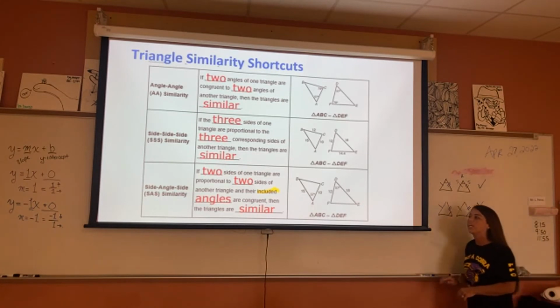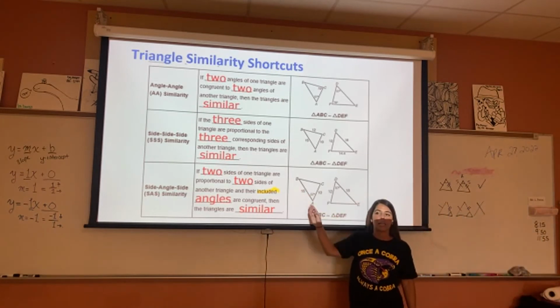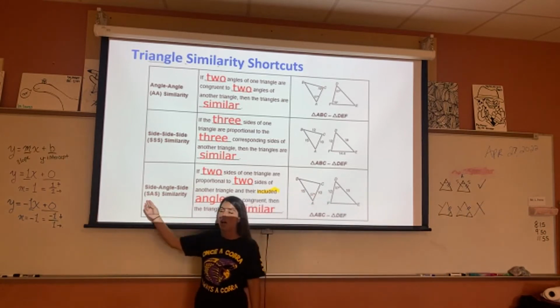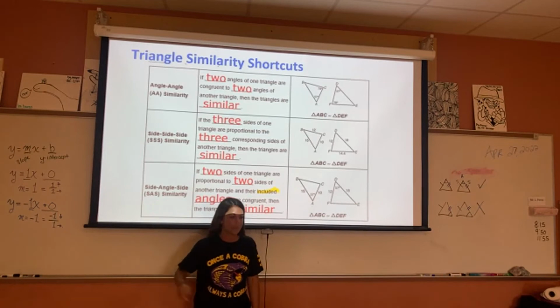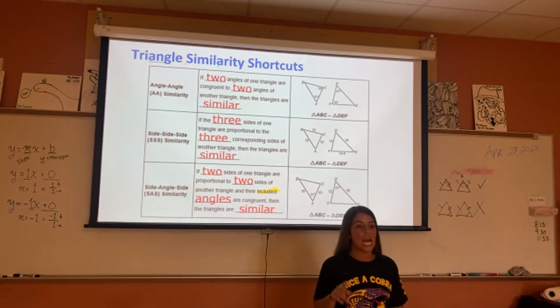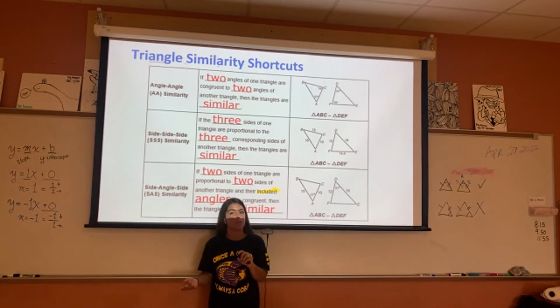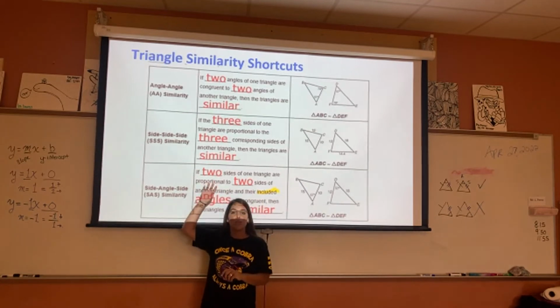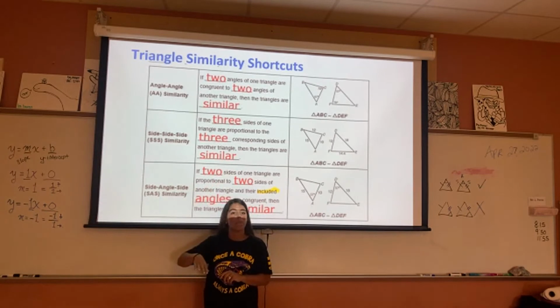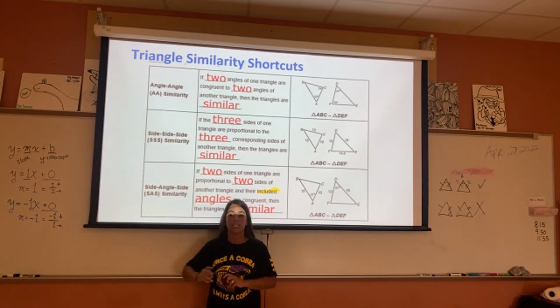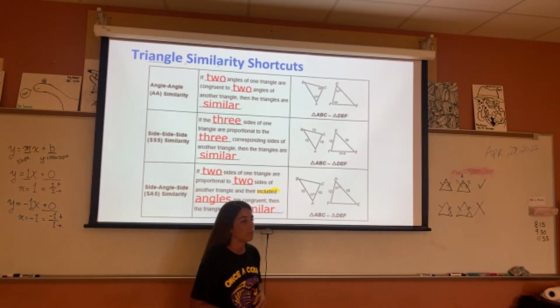It needs to be a proportionate side, a congruent angle, a proportionate side. Meaning it just needs to fall in that same order. Again, aside from knowing that similar triangles have congruent angles and proportionate sides, you need to know this because you're definitely going to have a proof, and these are the only ways to prove that triangles are similar.